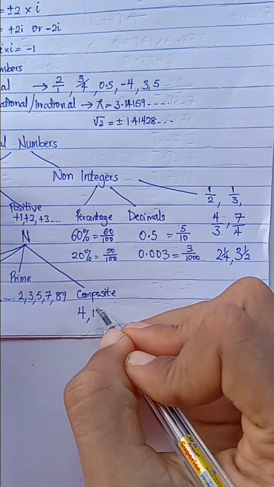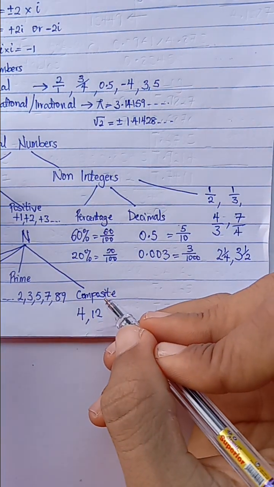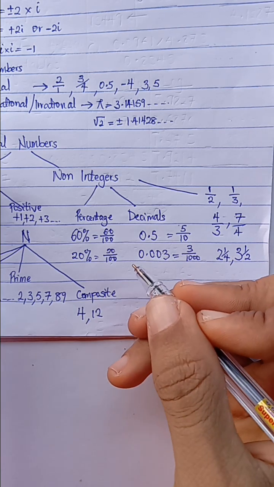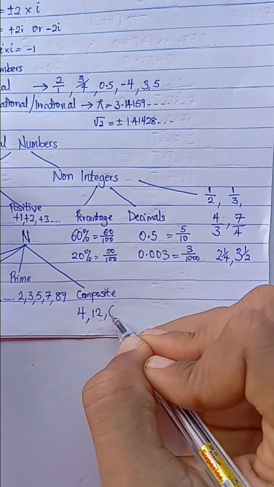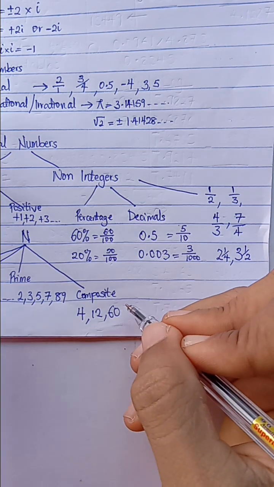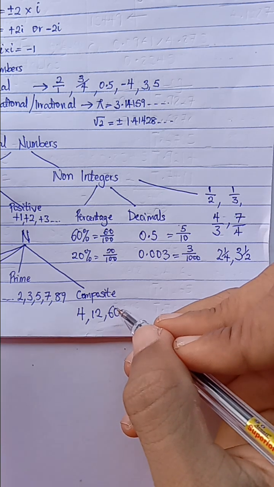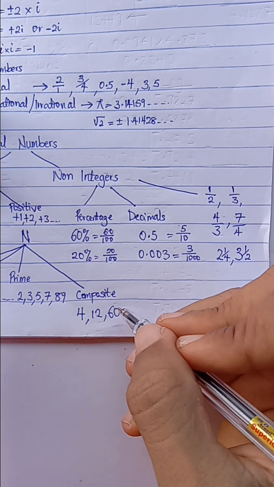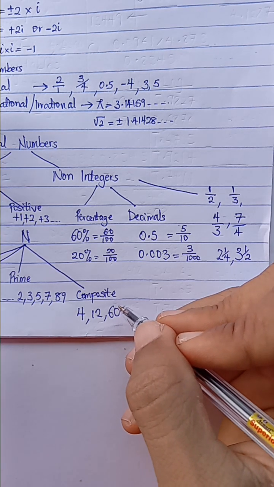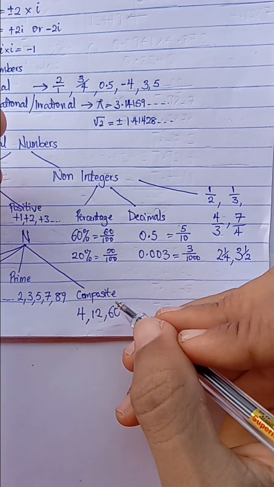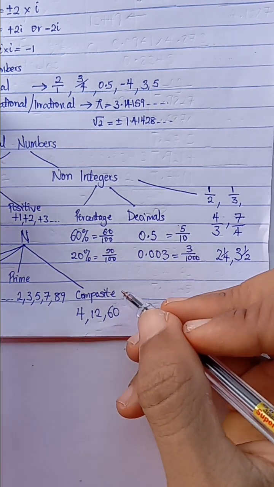The number 12 can be divided by 1, 2, 3, 4, 6, and 12. The number 60 can be divided by 1, 2, 3, 4, 5, 6, 10, 12, 15, 20, 30, and 60. So all these are composite numbers.